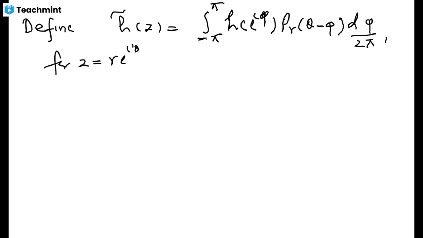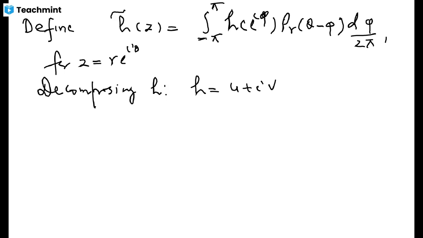So this is a complex valued function and it is well defined. Now if we decompose h into its real and imaginary parts, I can write h as u plus iv. Since P_r is real, this Poisson kernel is real valued always. So depending upon the decomposition of h, we get the corresponding decomposition of h tilde.